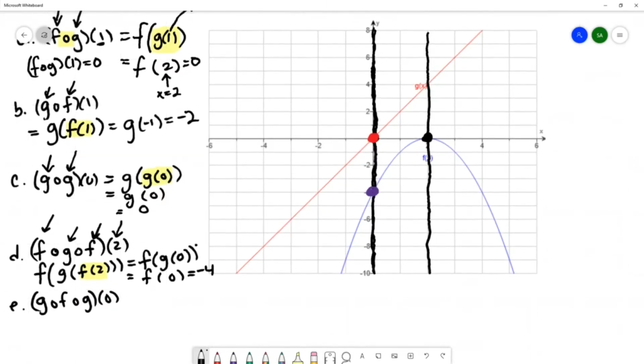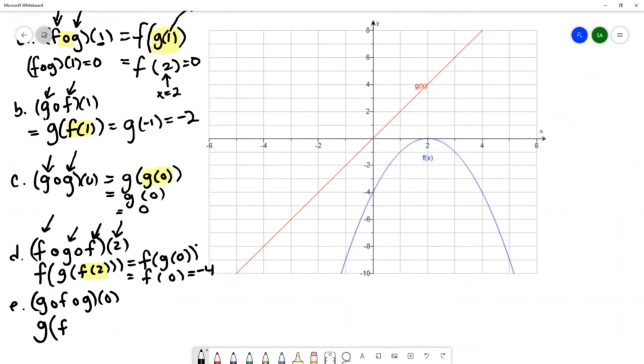We've got our last one here. Let me erase all these markings. g of f of g of 0. So g is on the outside with f on the inside, g on the inside of that, and 0 all the way inside.